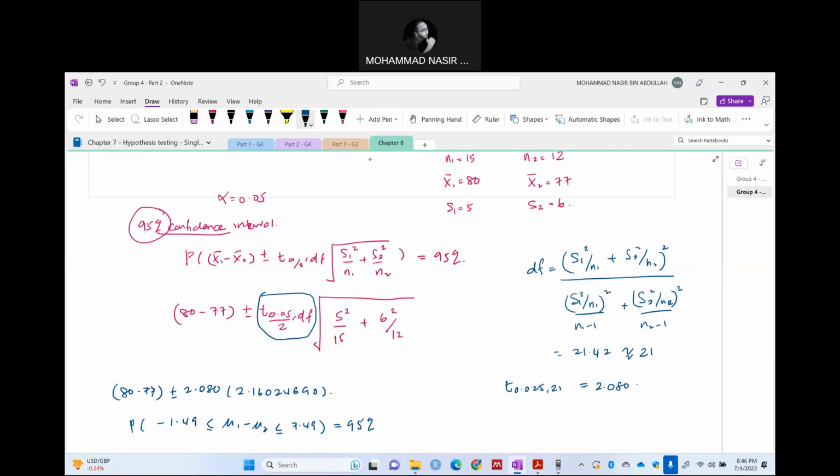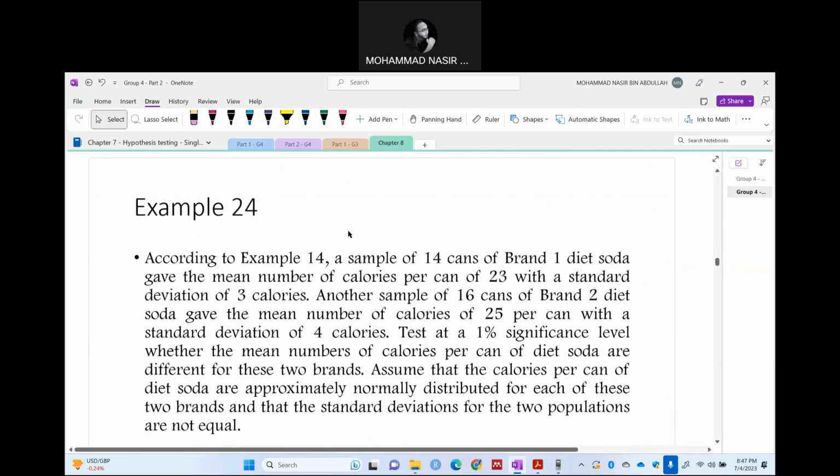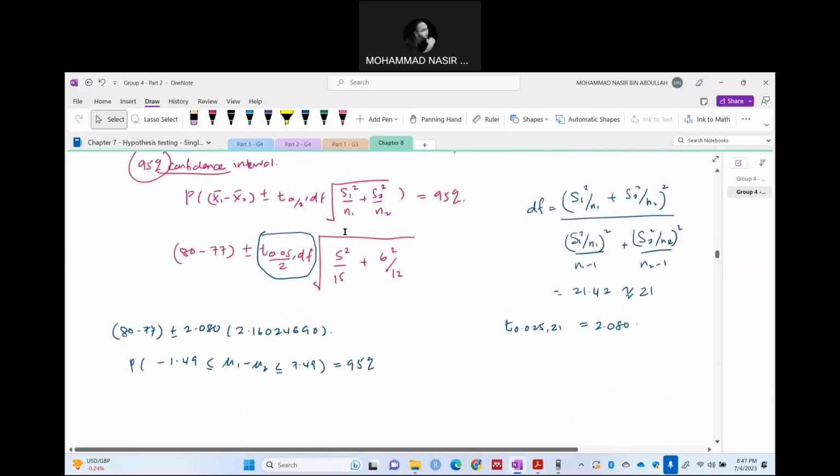All right. Any questions so far? No questions? Can you understand? For example number 24, I think you can do it by yourself, right? Conclusion, there is no significant difference because mu1 minus mu2 should be equal to 0, so 0 is inclusive in the interval.